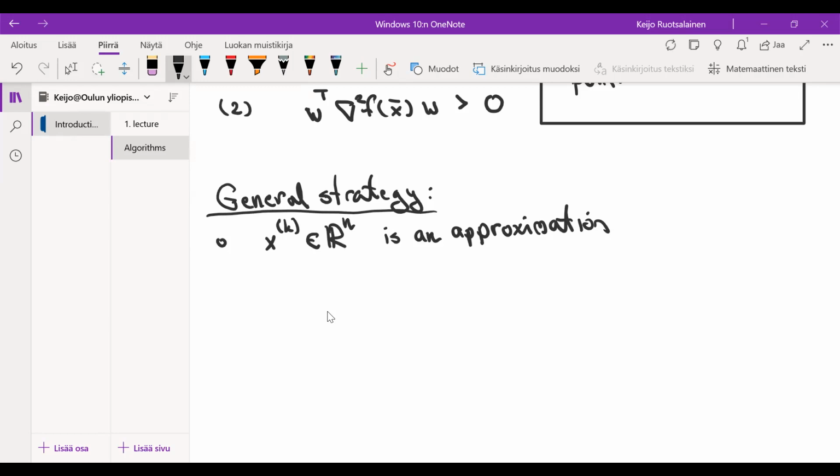And we want to compute next the better one. So for example, we have some criteria that we have at the moment.